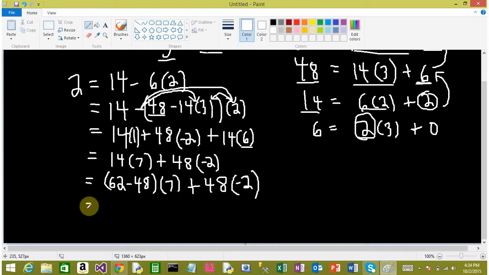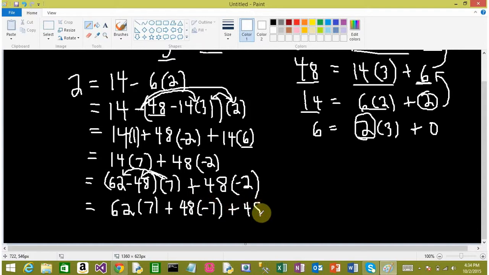So here we go. We're continuing here. And I'm going to distribute that 7 and minus 48 there. So we have 62 times 7 plus 48 times negative 7. And then plus 48 times negative 2 here.